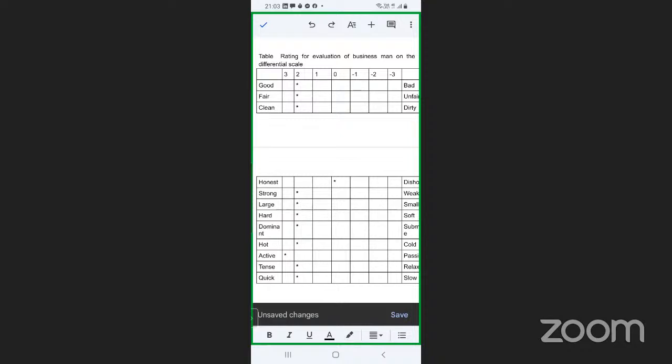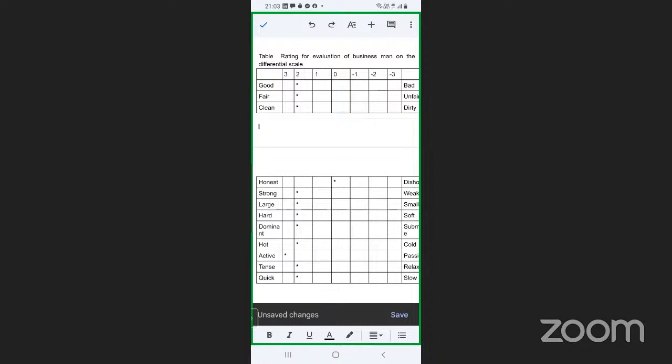So when you do any internship, at that time you can get a better answer about how to score, because this is a very complex scale and it is based upon factor analysis. Therefore the scoring pattern is relatively complex.